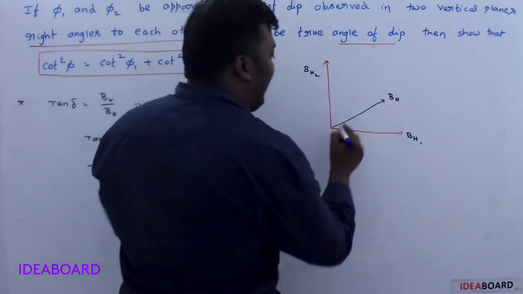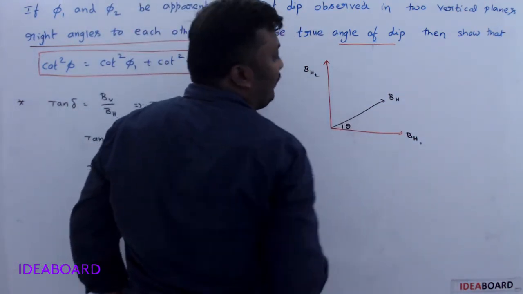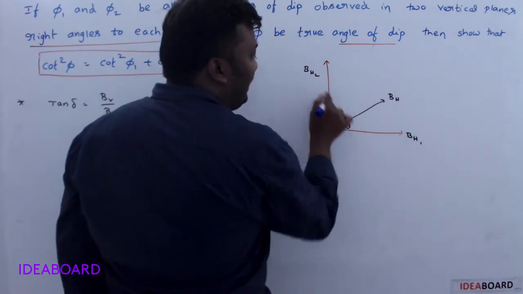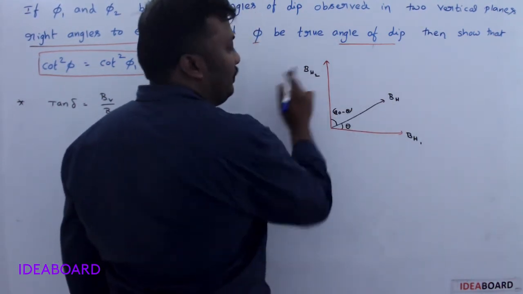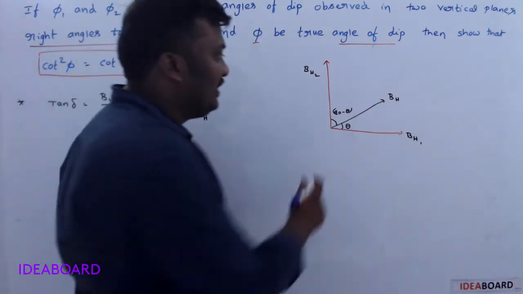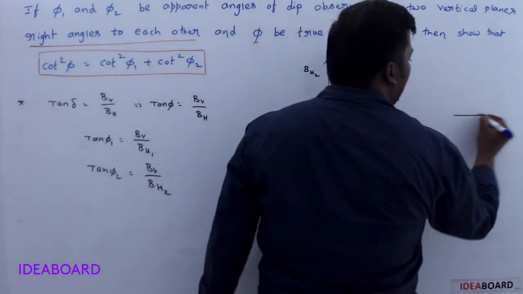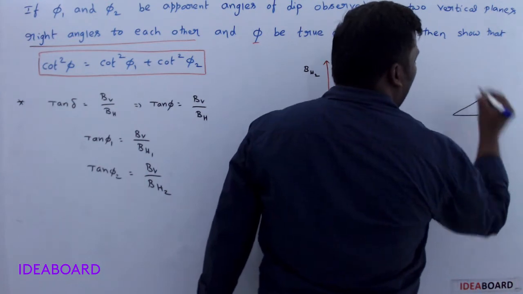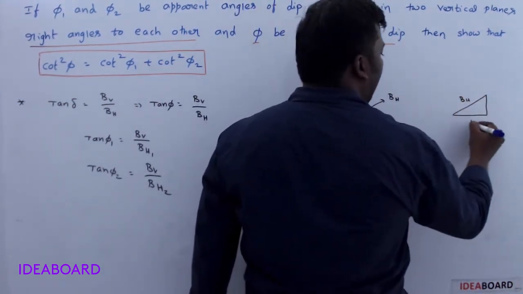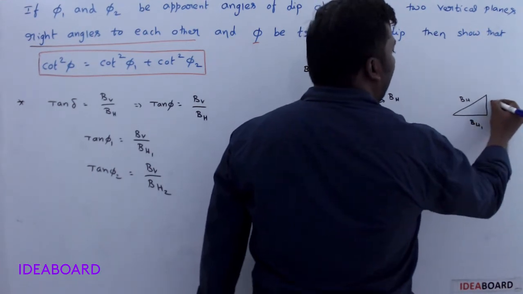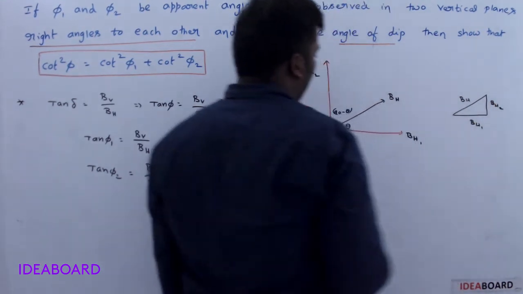So BH makes an angle theta with BH1 and an angle of 90 minus theta with BH2. See this one, this is like a right angle triangle now.